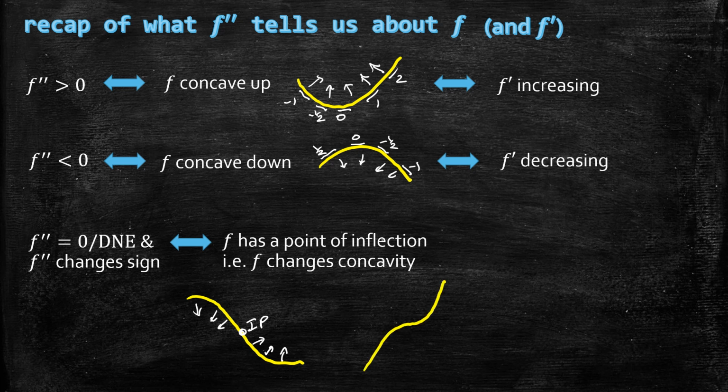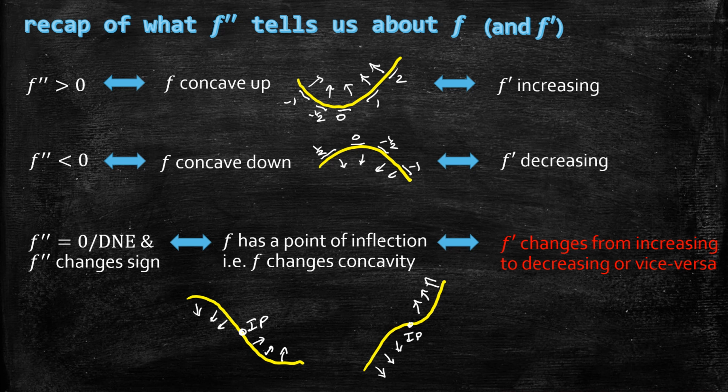And this is another inflection point. It's also a place where the tangent line is horizontal, and it is going from concave down to concave up. A real key feature here is that in terms of f prime, if we see that f prime is changing from increasing to decreasing or vice versa, that's our indication that there is an inflection point on the graph of f.